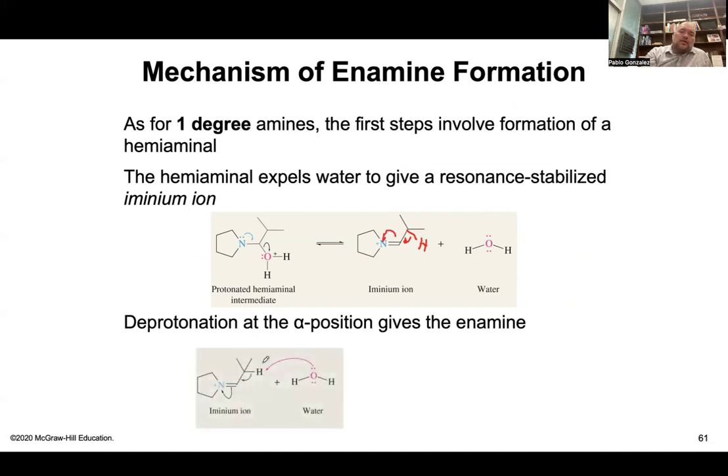So the water is going to remove this hydrogen, creating the double bond between carbon-carbon, and the previous double bond of the iminium ion is going to create a lone pair of electrons on the nitrogen, creating then the enamine.